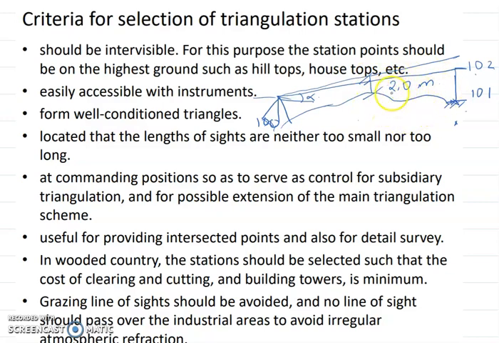Are you understanding? So, when we say a grazing line of sight should be avoided, what it actually means is your line of sight should not be very close to any obstruction. It should be clear from the obstruction. In plane surveying, even if it is clear by 1 centimeter, it is as good as clear.